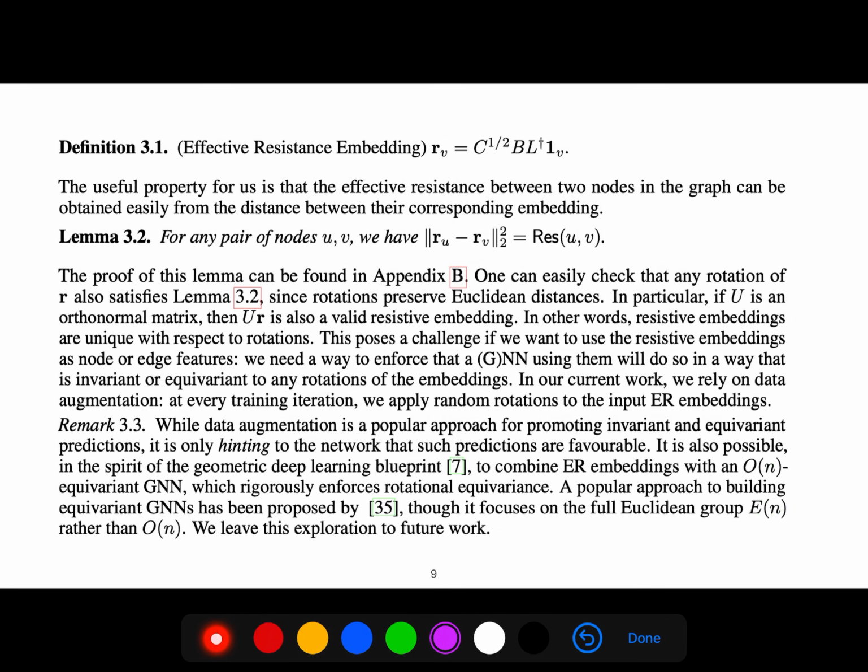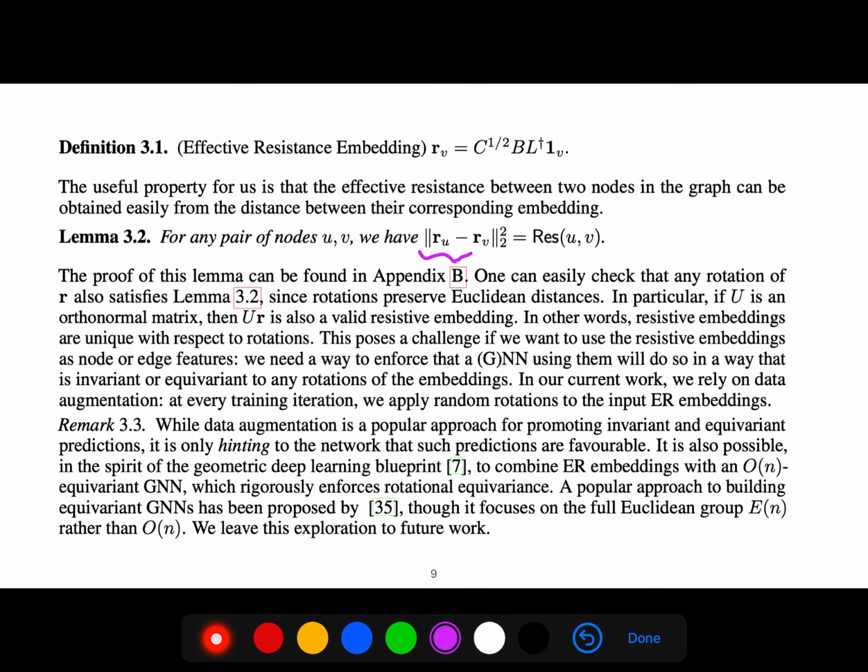For any pair of nodes, first we say that the effective resistance embedding is related to this, and then the distance for any pair u and v could be anything. It doesn't need to have an edge.